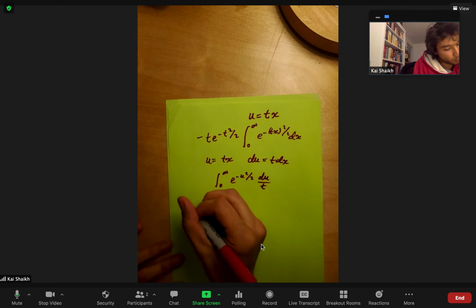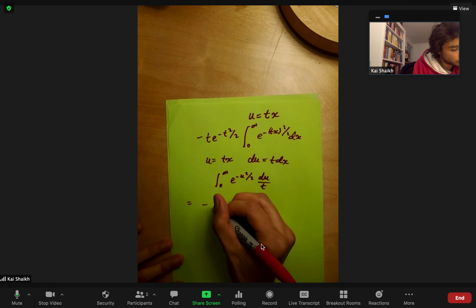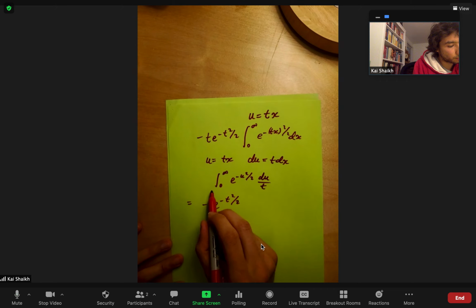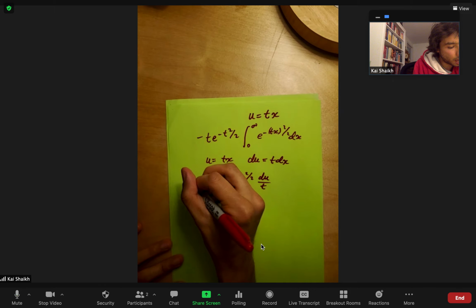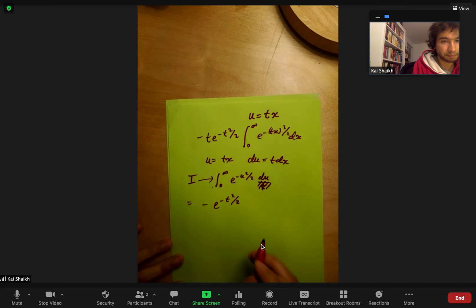So now what we're going to get ultimately is this 1 over t is going to cancel this t, and we get minus e^(-t²/2) times just our Gaussian integral again. So this is what we're going to call I, without this t. So this t has been canceled.